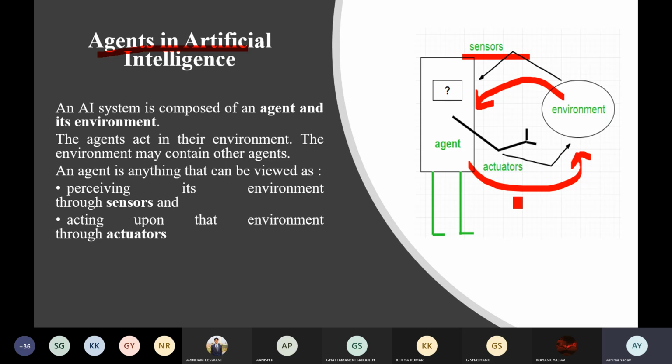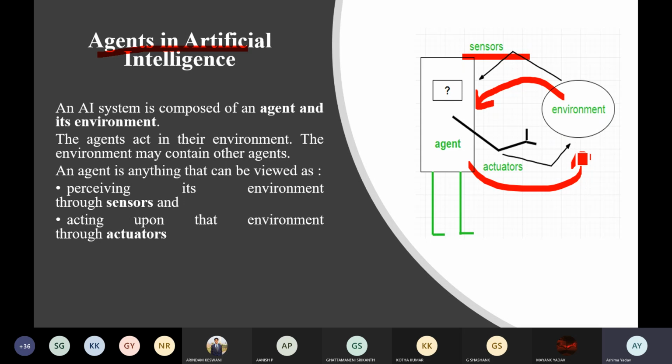So the output again could be anything, like in self-driving cars, the speed slows, the cars automatically control the gears and the brakes and everything. So that's how the output is being shown.